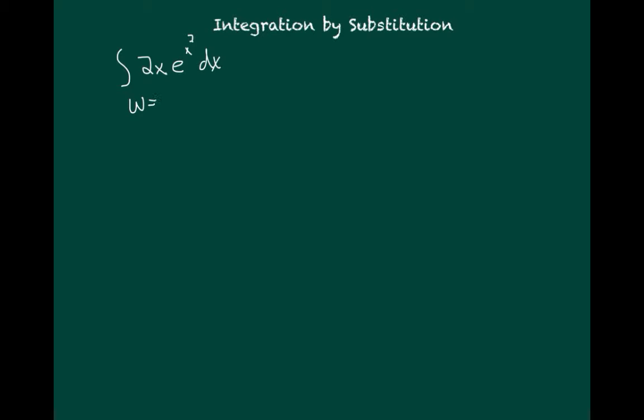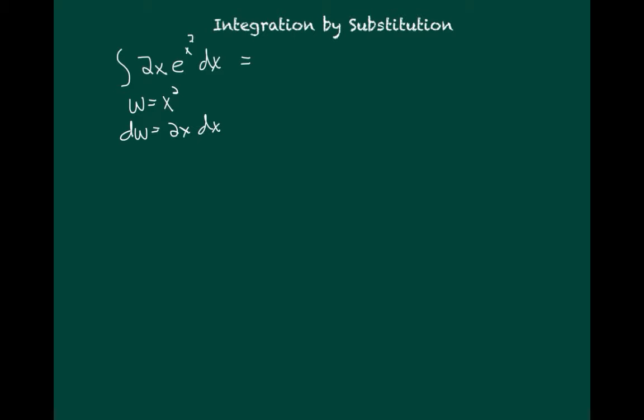W is going to equal my inside function, x squared, and rather than solve for the dw, I'm just going to start out writing that dw is going to equal 2x dx, and skip that step of having to multiply both sides by dx.